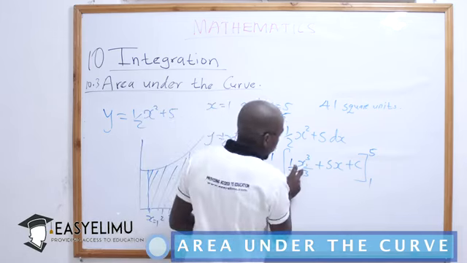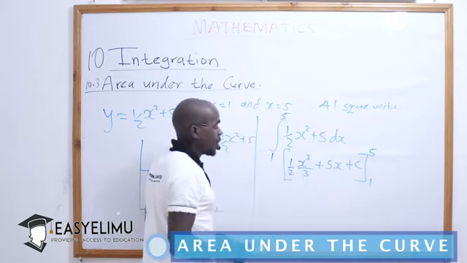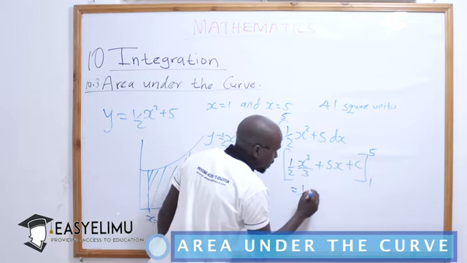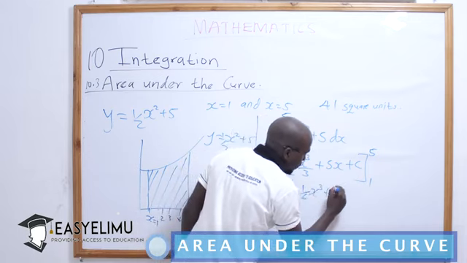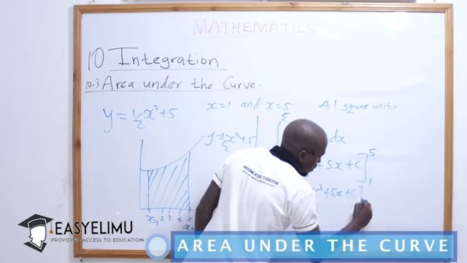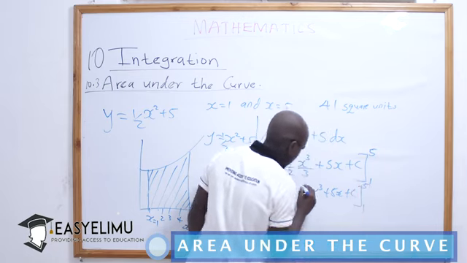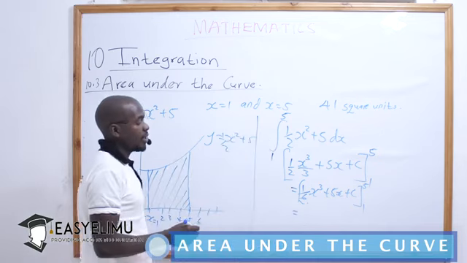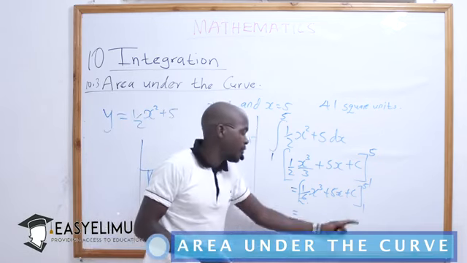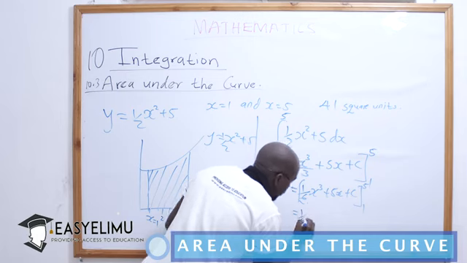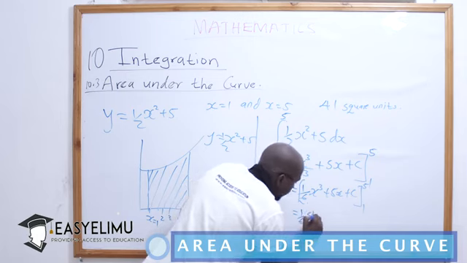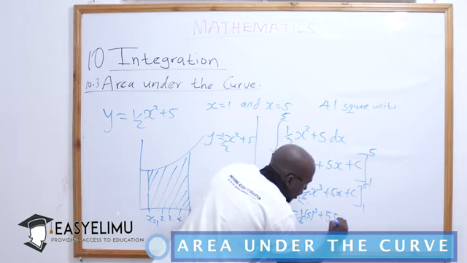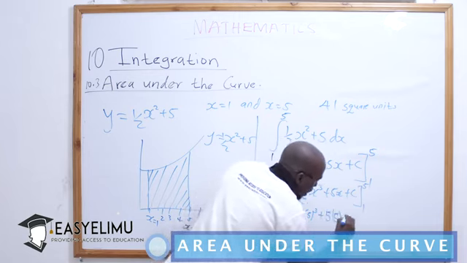The lower one means we shall subtract what we find with that one. So here we shall now replace what we have. For the first instance, we are going to get 1 over 6 x cubed plus 5x plus c, from 5 to 1. In replacement of x with 5, we get 1 over 6 times 5 cubed plus 5 into 5 plus c.